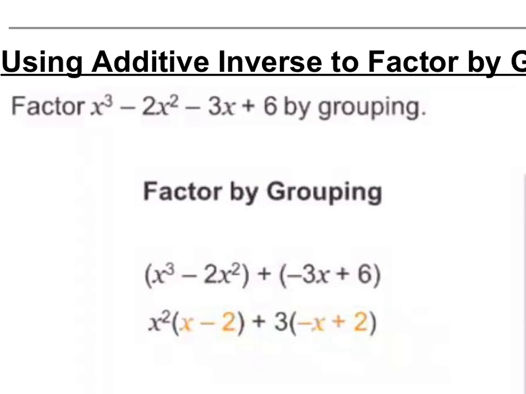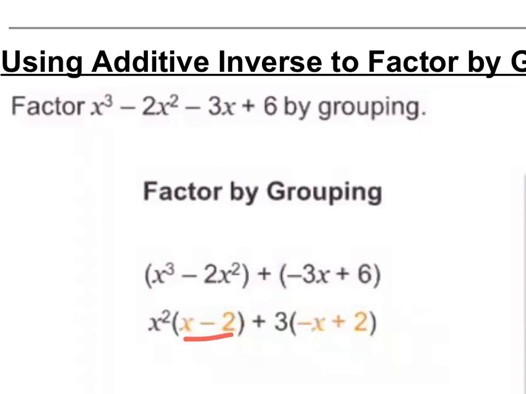If you have x cubed minus 2x squared, here all they did was factor out an x squared, and that left them with x minus 2. But then here, it said, what if we just factored out a 3? Then it leaves you with a negative x and then a plus 2.